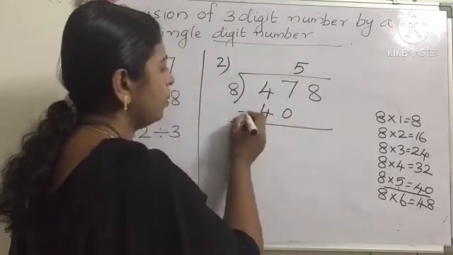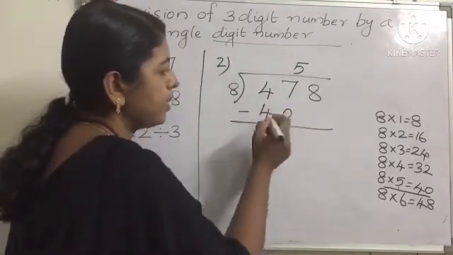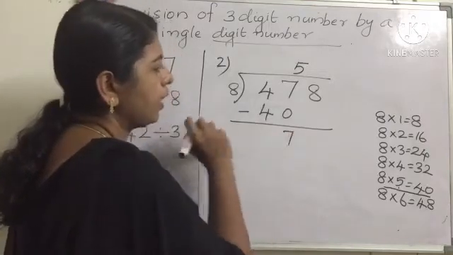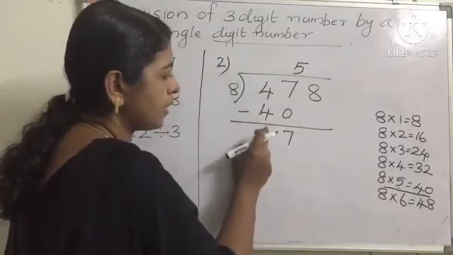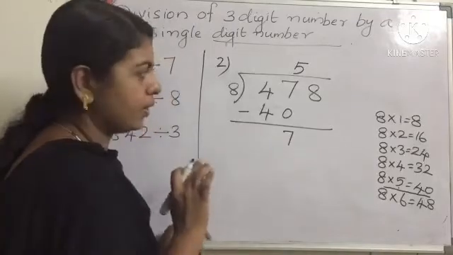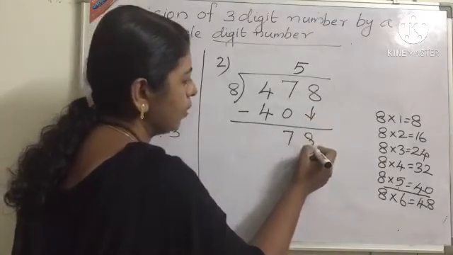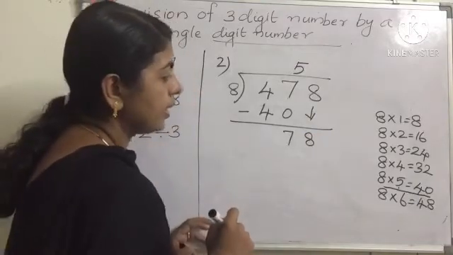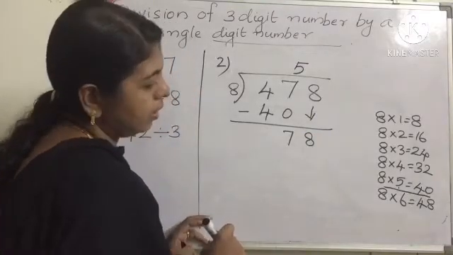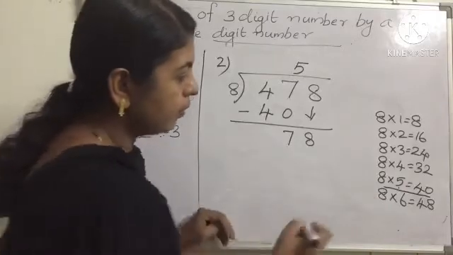Then we subtract. 7 minus 0, it's 7. 4 minus 4, it's 0. On the left side, no need to write 0. Then what to do? We write the next digit down. Now it's become 78. So we can continue the table.